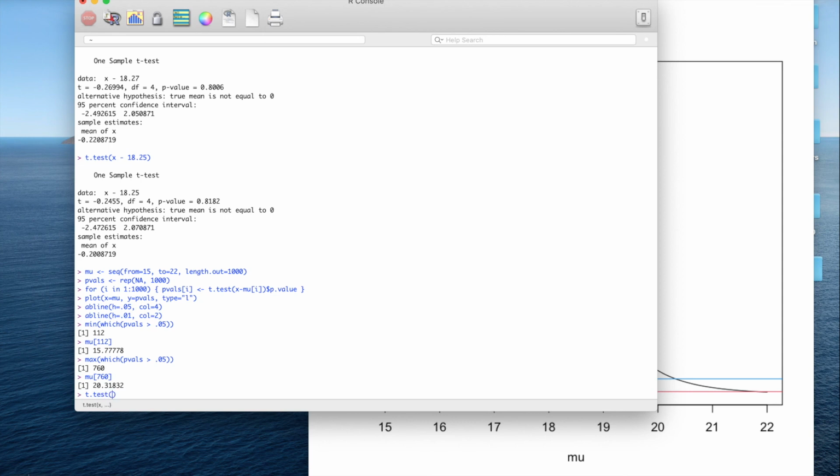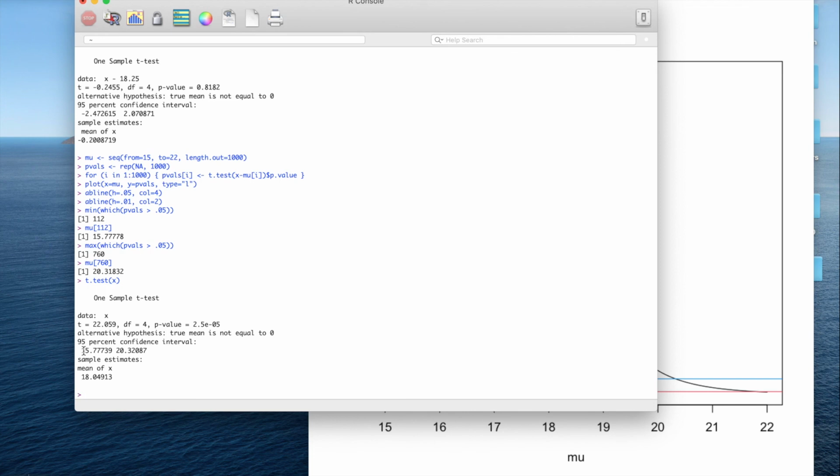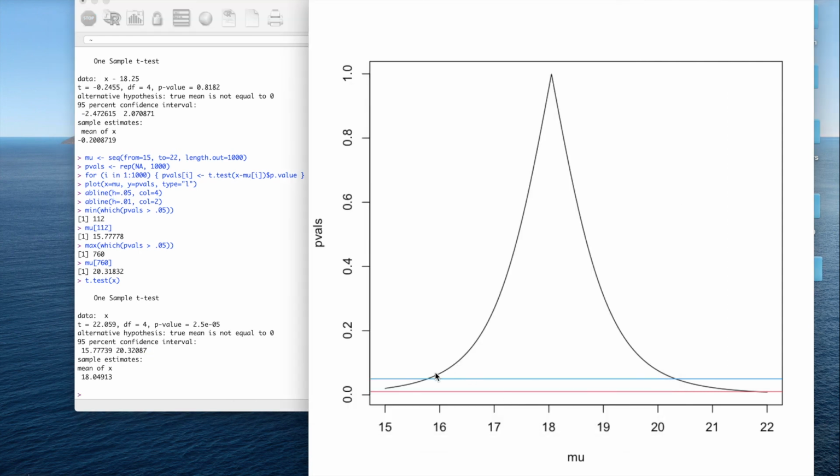And what's interesting is that these values appeared the very first time that we ran the function t-test. And you can see the values are there in the output of t-test. And R also tells us that this is a 95% confidence interval. So a confidence interval can be viewed as a range of values that are compatible with the data, or a range of hypotheses that I accept at the given threshold.